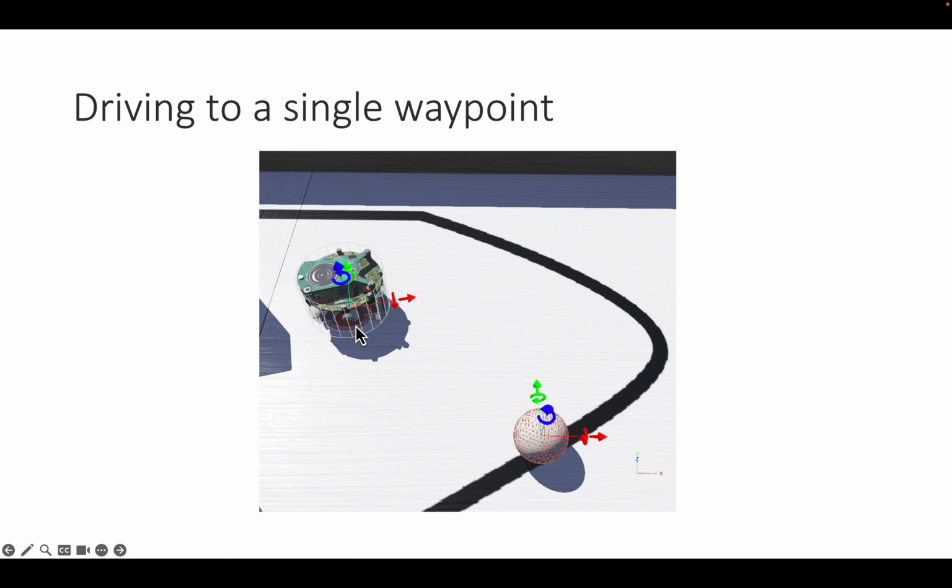Now, how many degrees does it need to turn? We look at the x-axis here and we see it's about a 45-degree angle. But then we also have to add the current orientation of the robot to it, which is maybe 20 or 30 degrees to the left. So the total angle the robot has to turn is around 65 degrees.